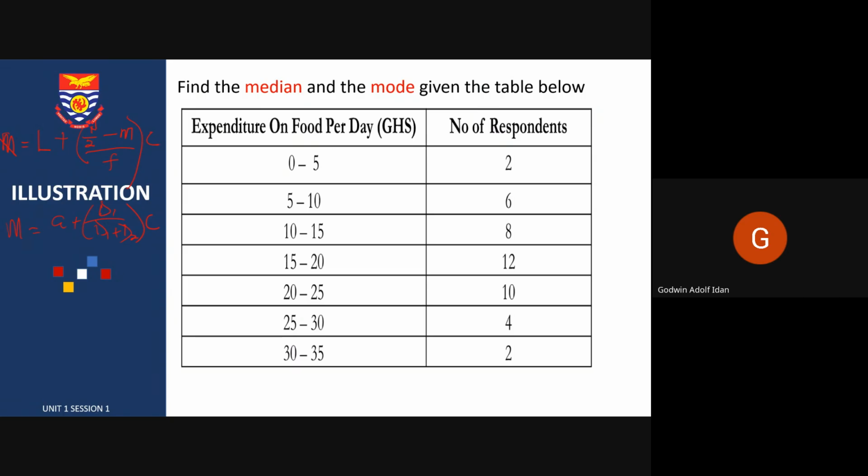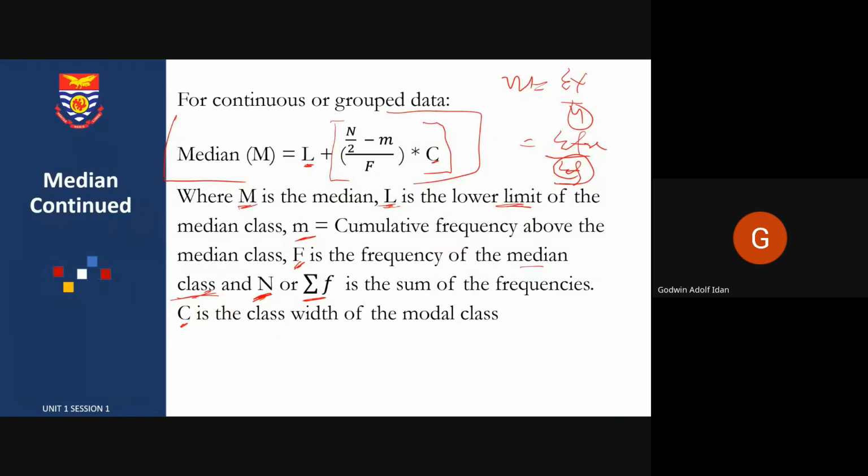So by explanation, it simply means that we need to get our cumulative frequency, because that is what the M is looking for. And then our D1 and D2 also rely on the cumulative frequency. Remember, M is the cumulative frequency above the median class. So we have to get the cumulative frequency.